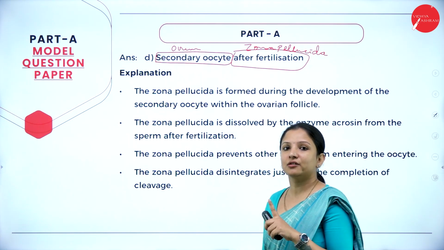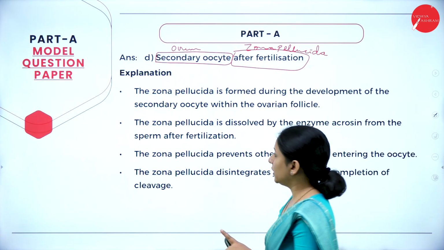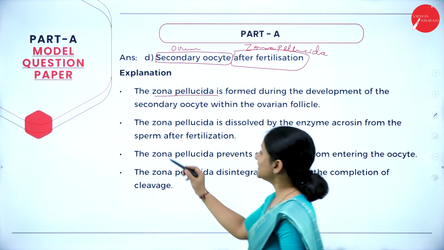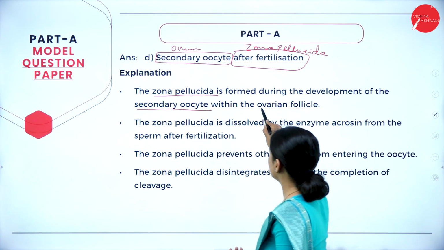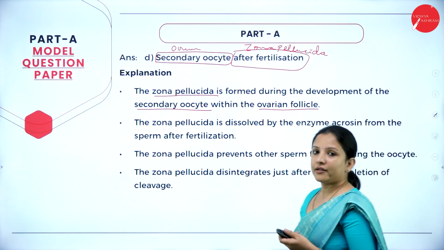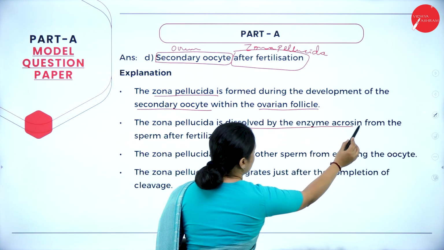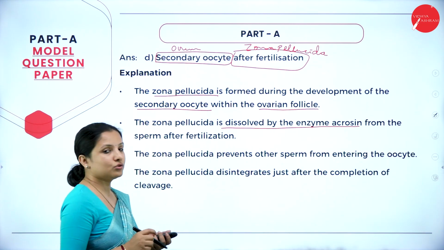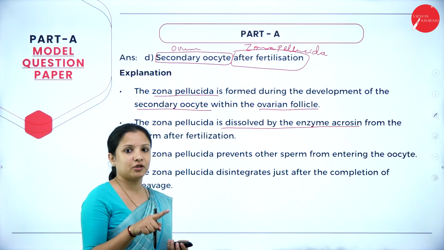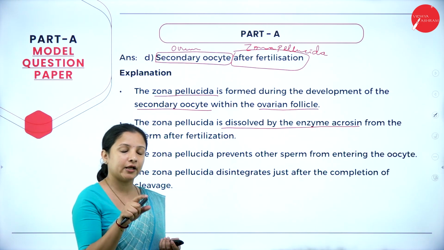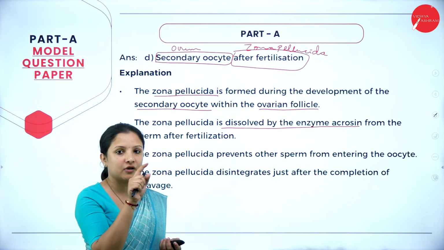Zona pellucida is a layer that covers the ovum, and it is formed during the development of the secondary oocyte within the ovarian follicle. It gets dissolved by an enzyme called acrosin as soon as the sperm fertilizes.